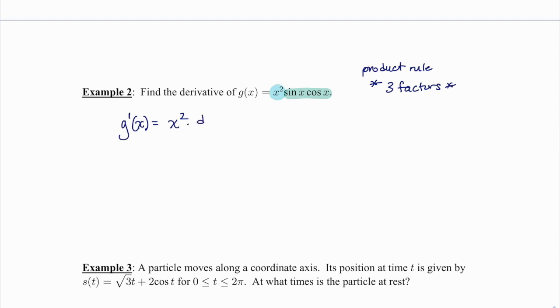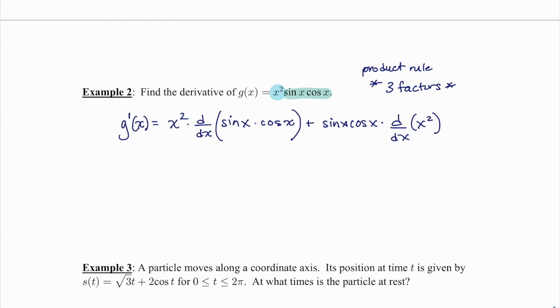So times the derivative of sine x cosine x. So I'm not actually taking the derivative, I'm just writing my plan down right now. So first times the derivative of the second plus the second factor times the derivative of the first.